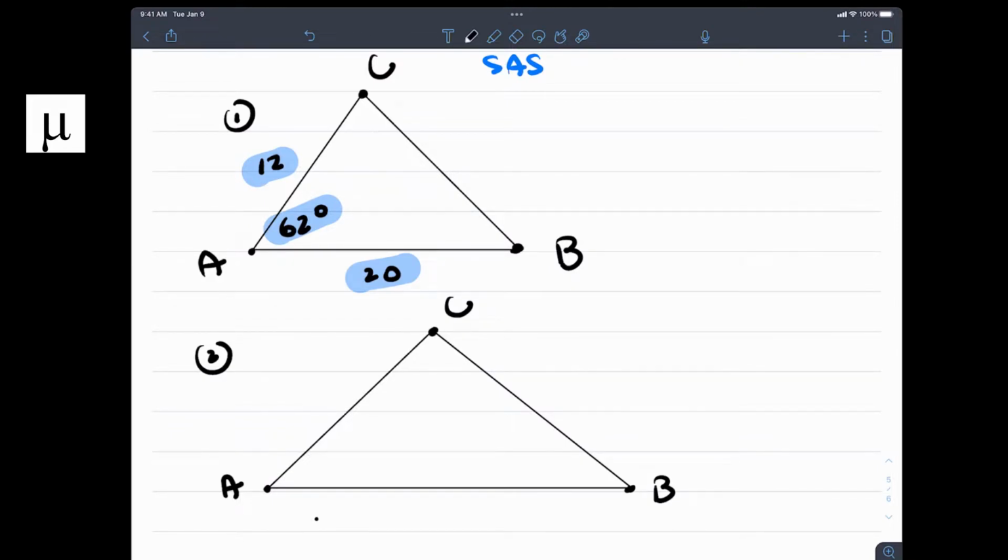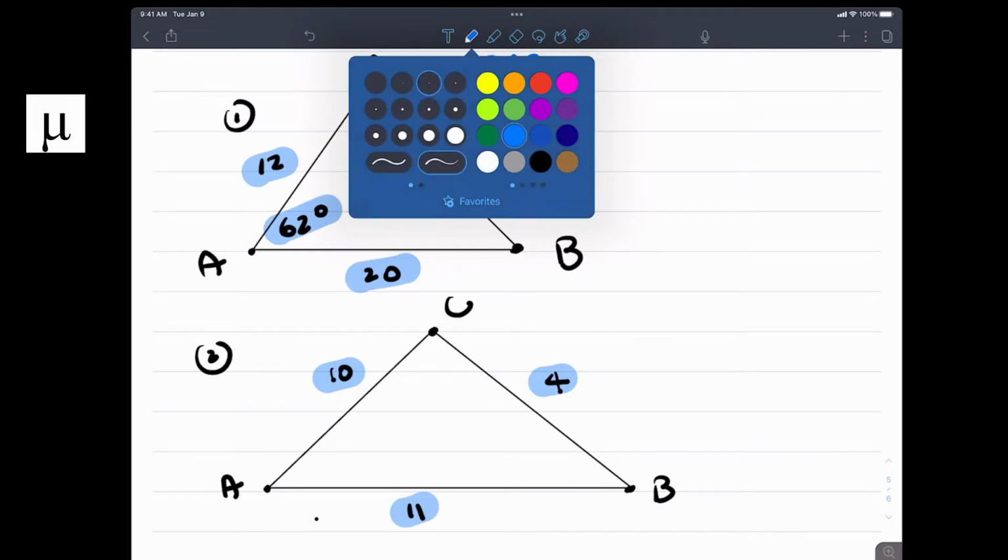Oh, here we go. We do 10, 11, and 4. Okay, so you have the side, side, side situation.